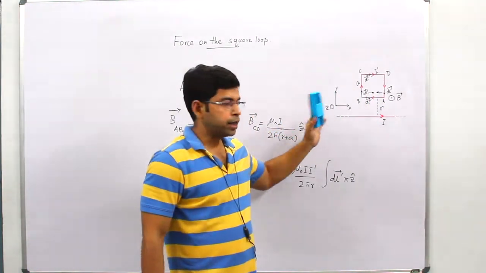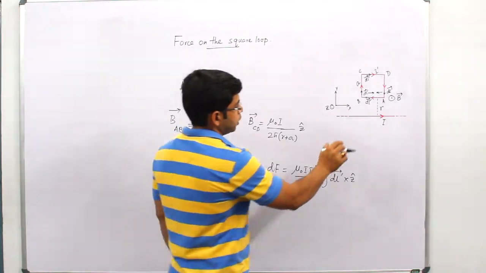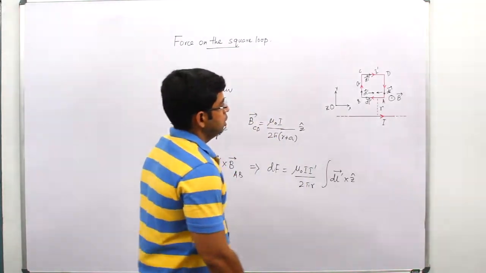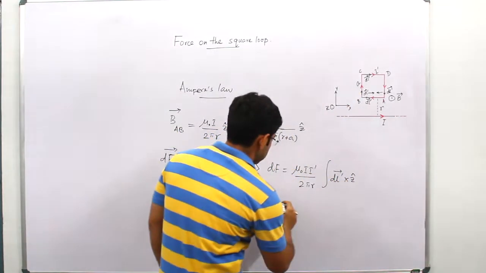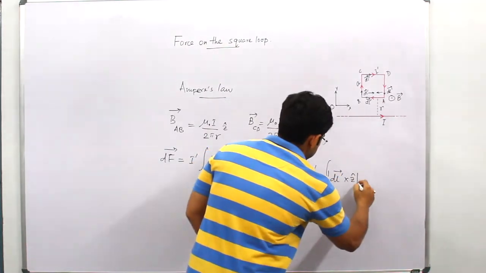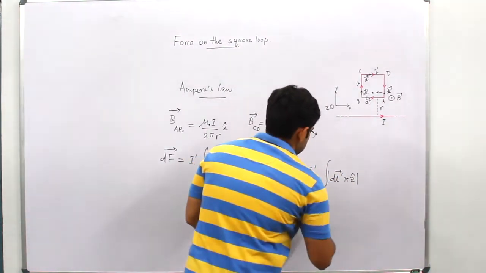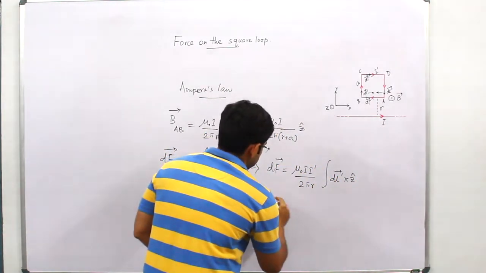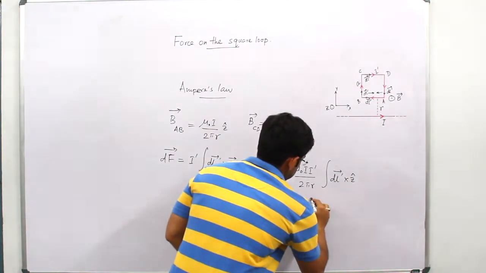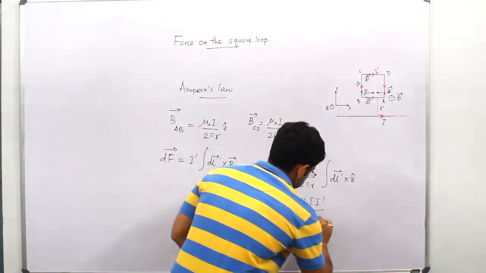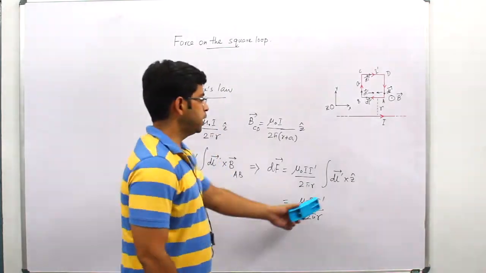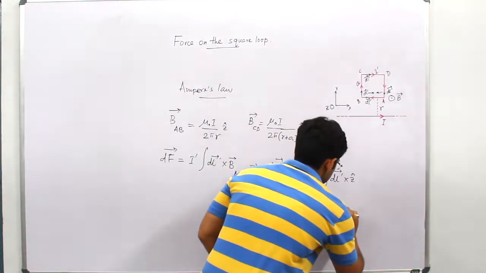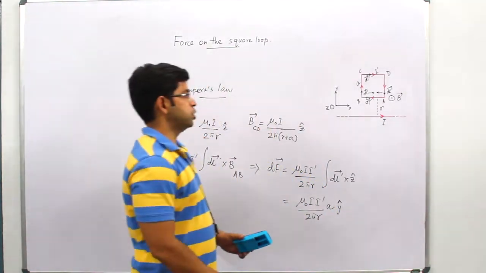It is directed along the negative x direction. So by the right hand screw rule, this dl prime cross z will point along the positive y direction. So considering this as the magnitude, let us write the vector equation. This will be μ0 I I prime by 2πr. Integral of dl prime will be simply a, and this will point along the positive y direction.